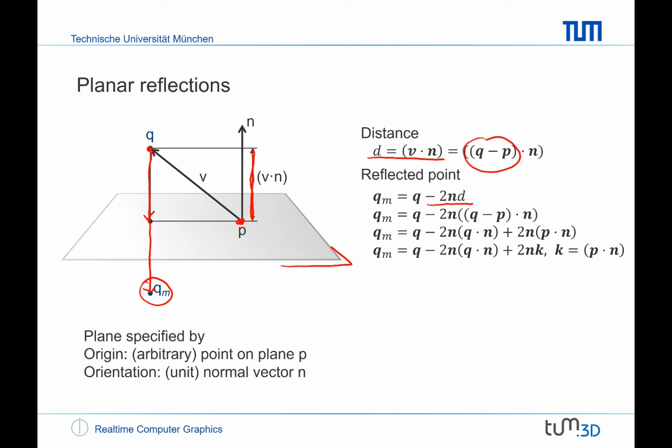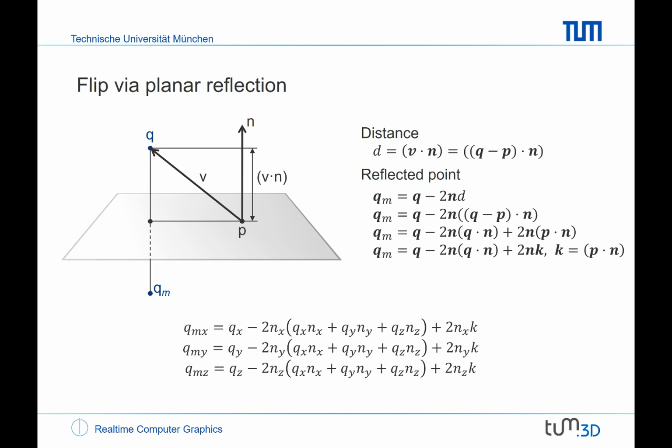Okay, so we can write that out. Here we have d, the scalar product between the vector connecting P and Q and the normal vector. So we can multiply out with the Q and the P, separating the Q's and the P's. With K being the scalar product between P and N, this gives us what we have here on the right hand side.